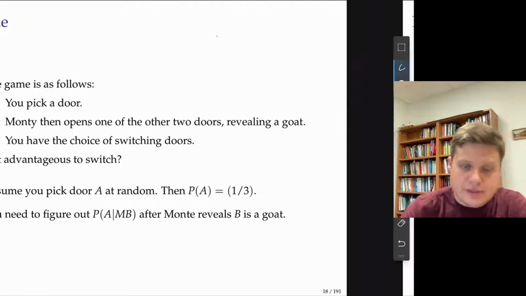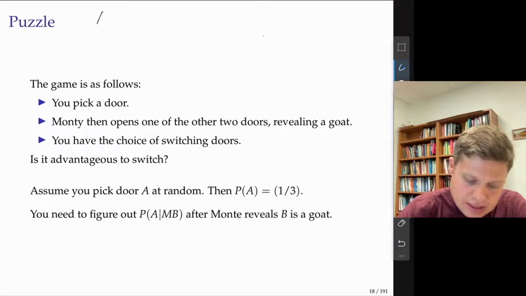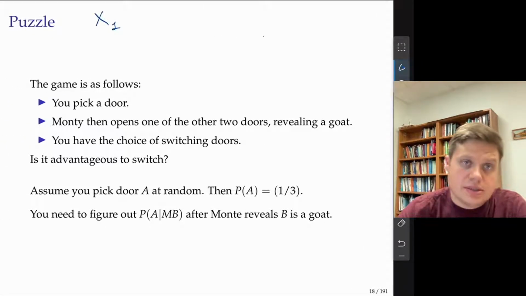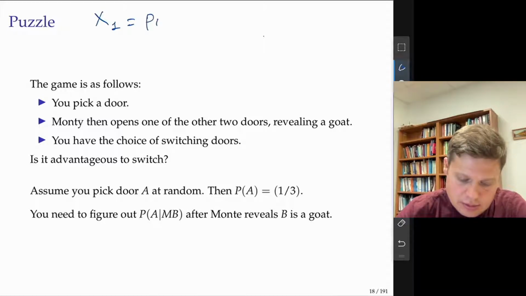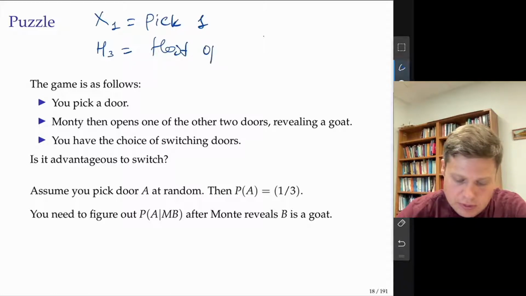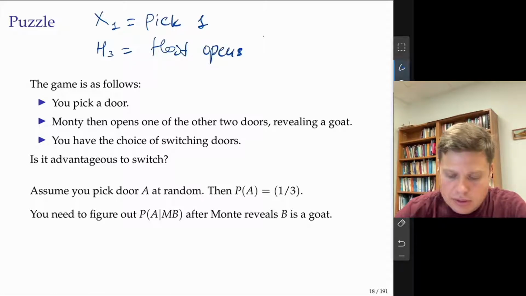So let's look at the following sequence of events. Let's say you pick door 1, and we say that's event x1. And then let's say that the host opens door 3. So what do we want to know?